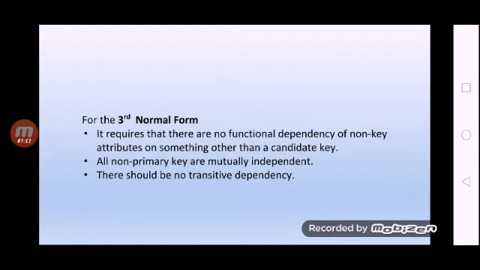Next, for the third normal form, we require that there are no functional dependency of non-key attributes on something other than a candidate key. All non-primary keys are mutually independent, and there should be no transitive dependency.